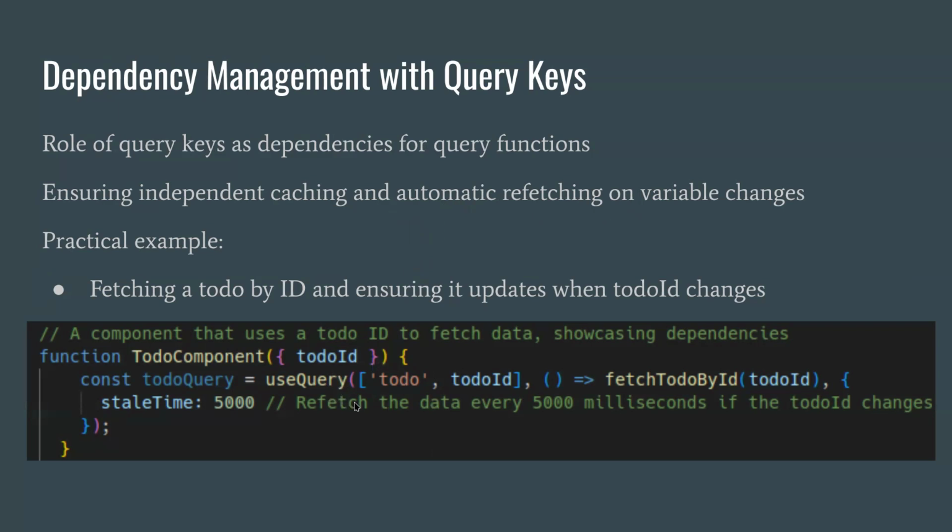And this code shows how query keys act as dependencies, triggering refetches when variables like to-do ID change.